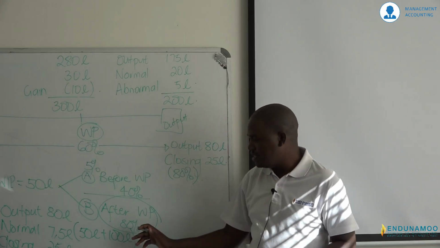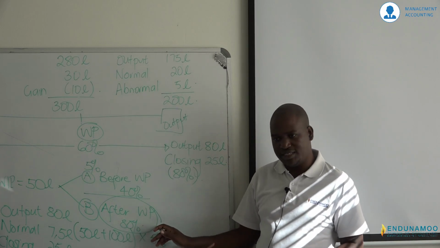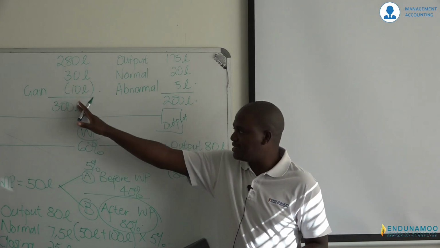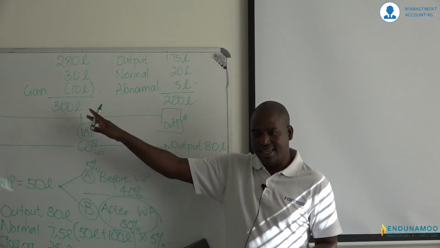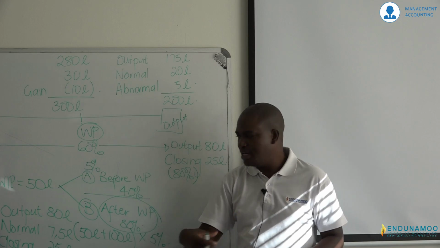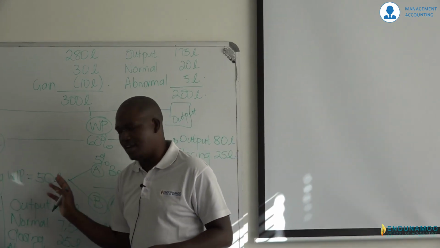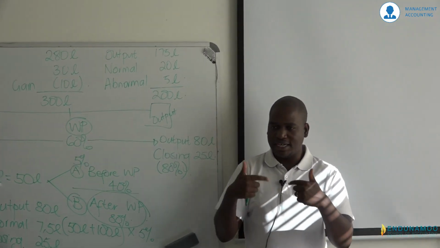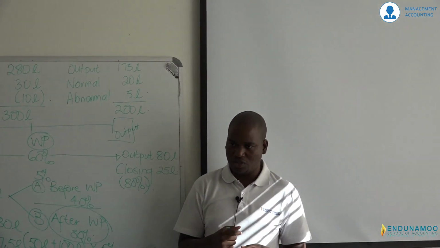When it came in, it was already at 80% completion stage. Last year they had gotten to the 60% completion stage and said, let's disregard. So by the end of the year, it was already after the normal loss.